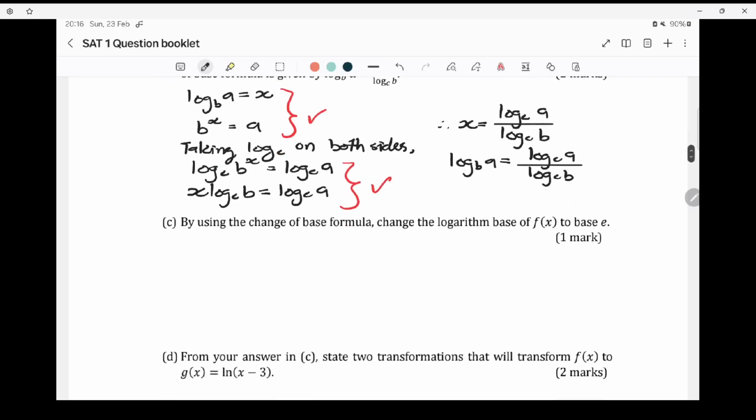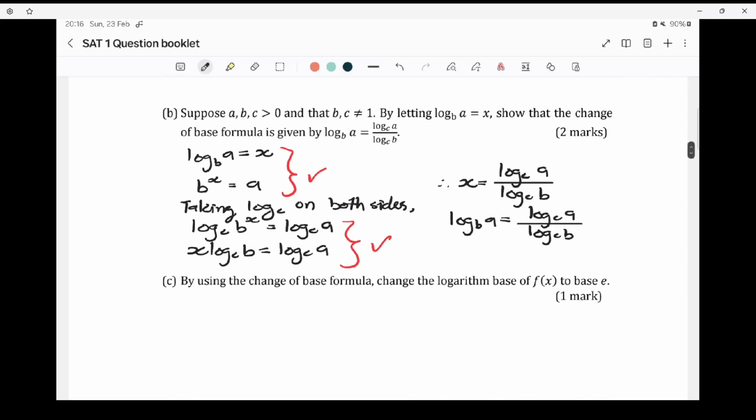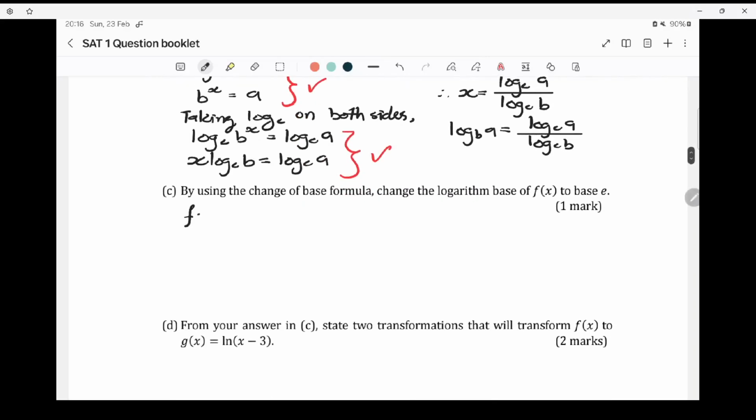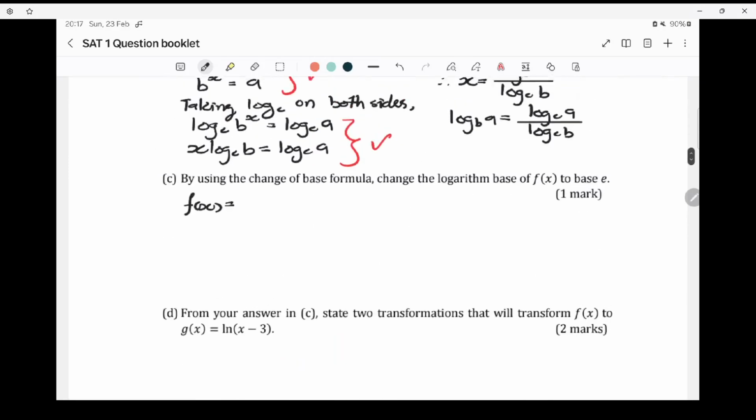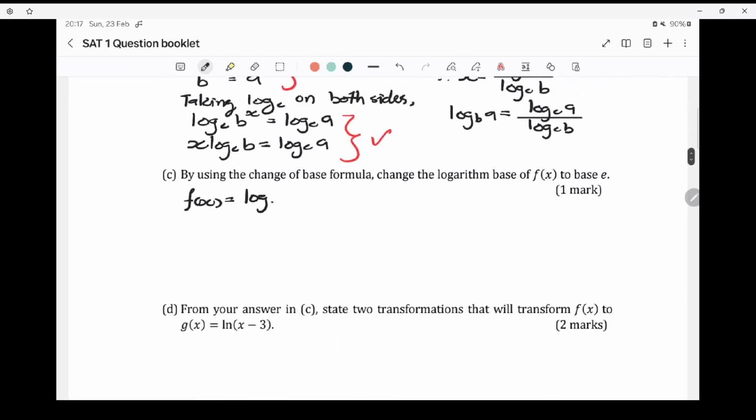By using the change of base formula, change the logarithm base of f(x) to base e. So f(x) is log base 0.5 of (x minus 3). If it is base e, you can just write ln.